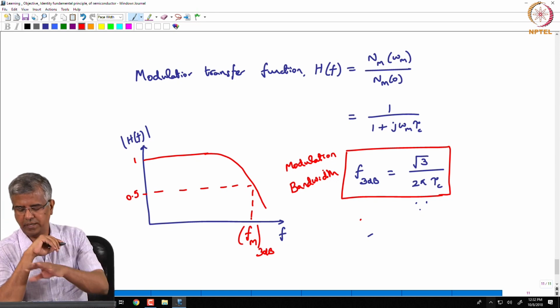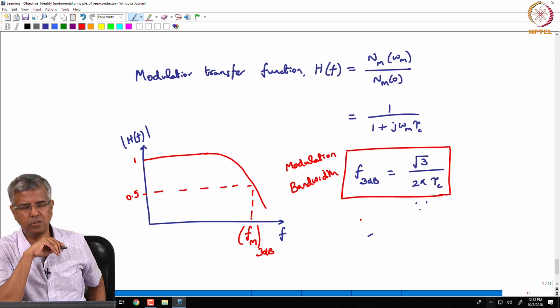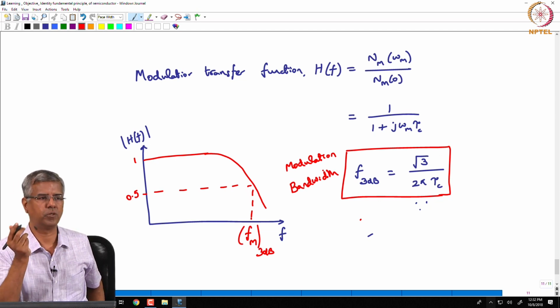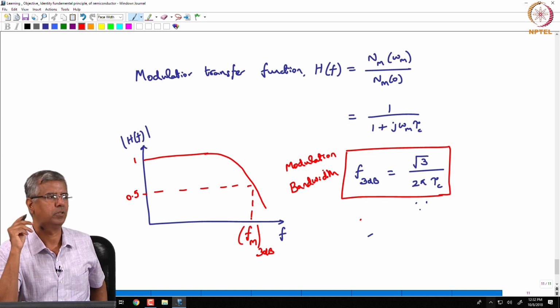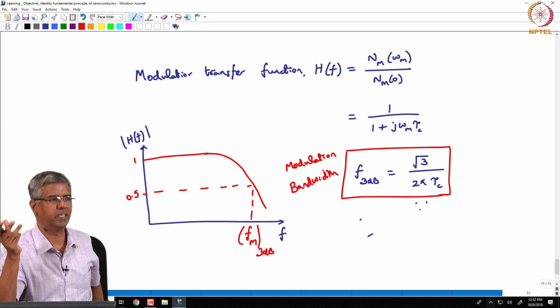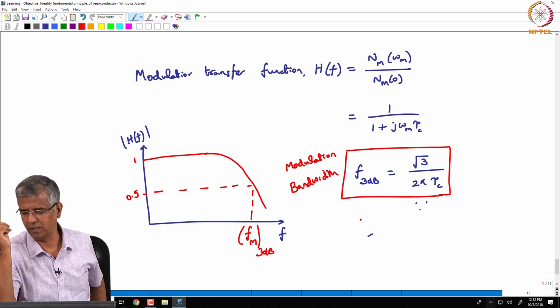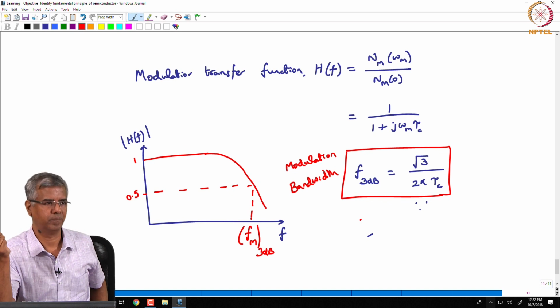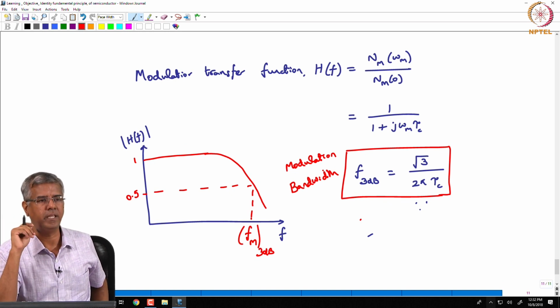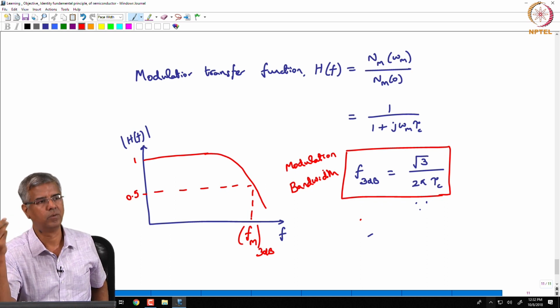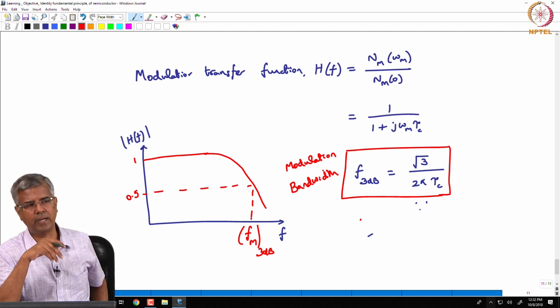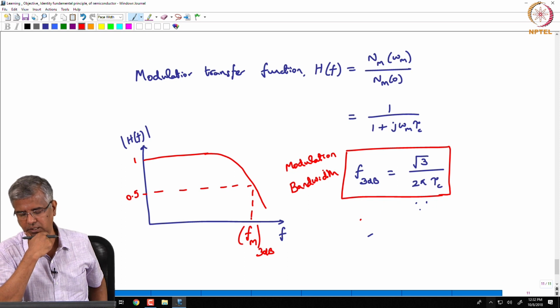And forget about those numeric values, right. Basically it says it is inversely proportional to tau c, which is quite intuitive, right. So the shorter the carrier recombination time, the shorter the carrier lifetime, the more will be the modulation bandwidth. So it does not limit it. On the other hand, if you have a longer carrier lifetime, then that will correspond to a shorter modulation bandwidth.